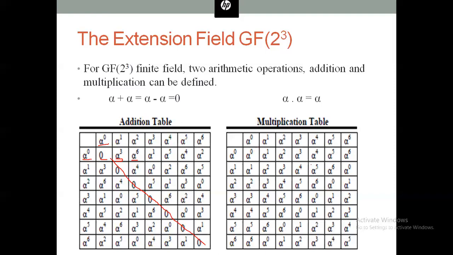This addition and multiplication is used in the RS encoder.